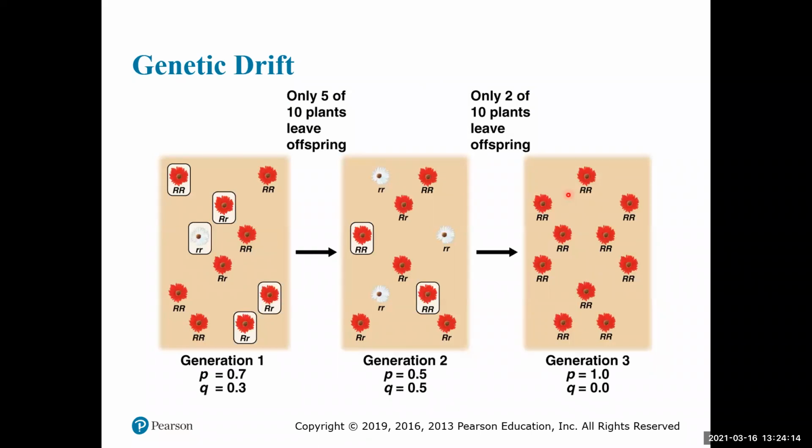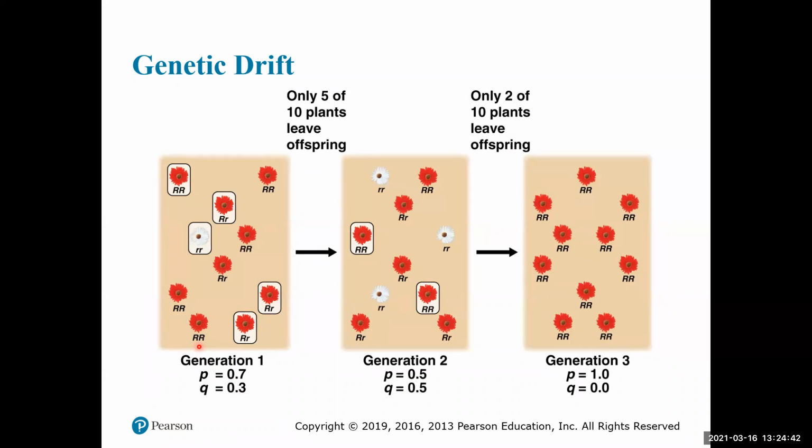So here we have an example of genetic drift. Let's say we have a small population size. We only have 10 plants. And out of these 10 plants, you have these genotypes. So you have homozygous dominant for some, one has homozygous recessive, and a couple are heterozygous. The allele frequencies are 0.7 and 0.3. So the uppercase R exists 70% of the time, and the lowercase r exists 30% of the time.